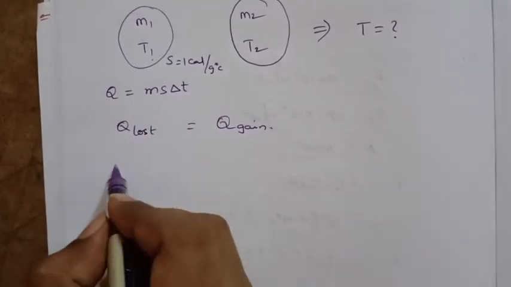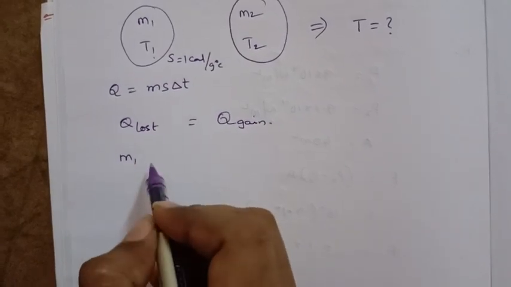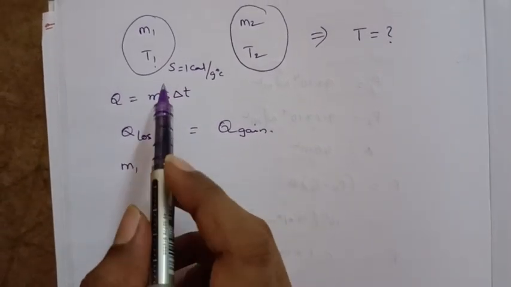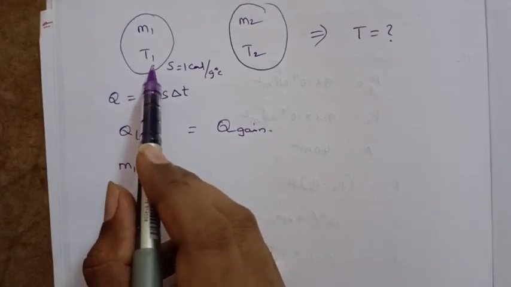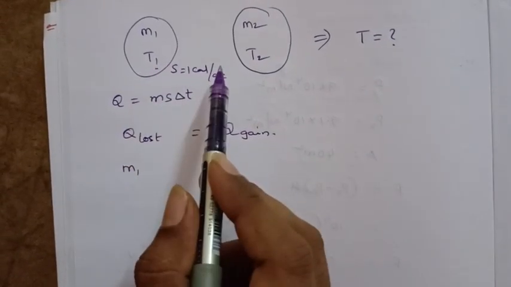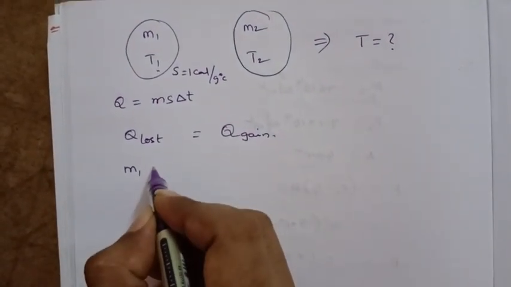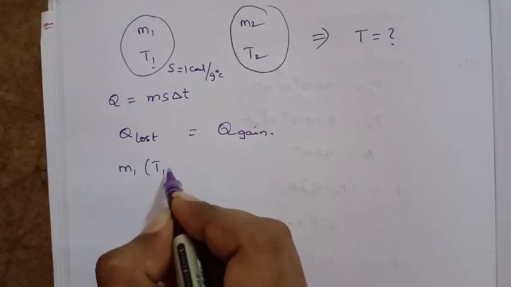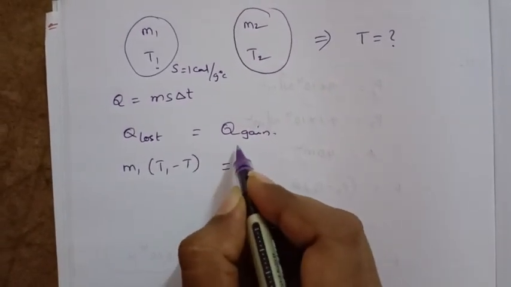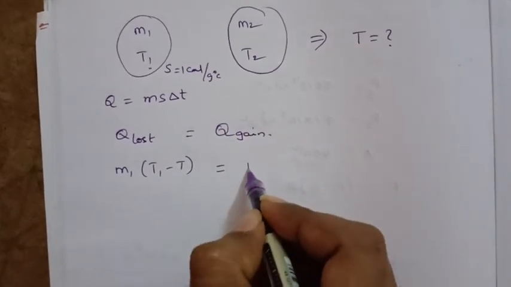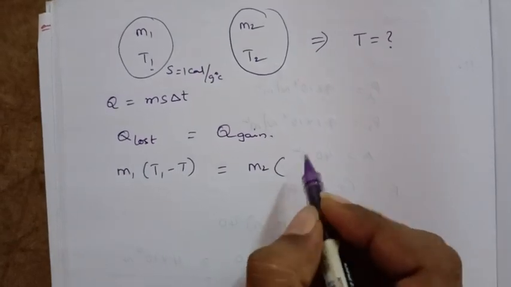Now the hot body has mass m1, specific heat 1, no need to substitute. Change in temperature: initially it has higher temperature, after losing something it becomes T. So higher temperature T1 minus T, lower temperature, equal to the cold body gain: mass m2, specific heat 1, change in temperature.